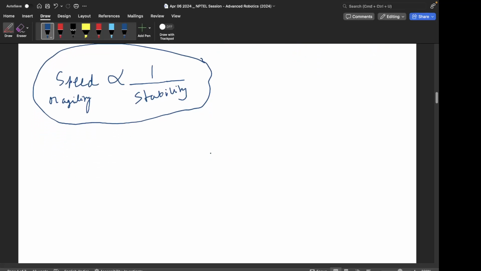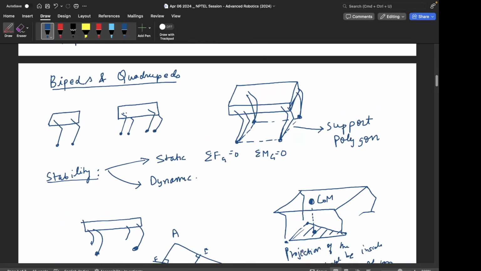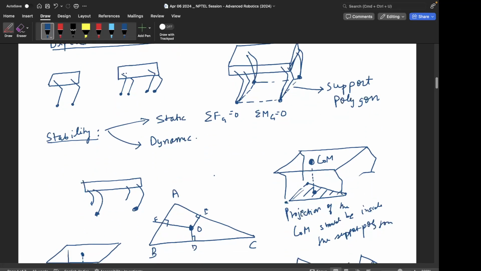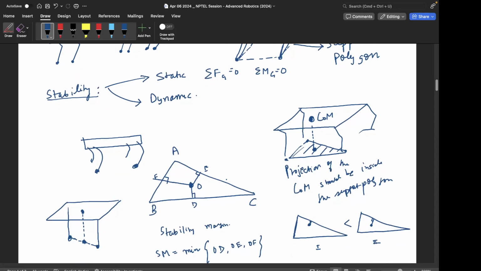All right, so till now what we have seen is that the stability of legged robots can be classified into static and dynamic stability. Static stability is when the projection of the center of mass is inside the support polygon; that configuration is called statically stable. In dynamic stability, rather than the projection of the center of mass, we use what is called the zero moment point.